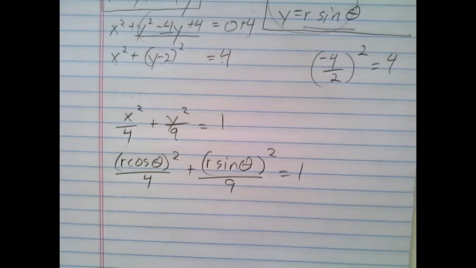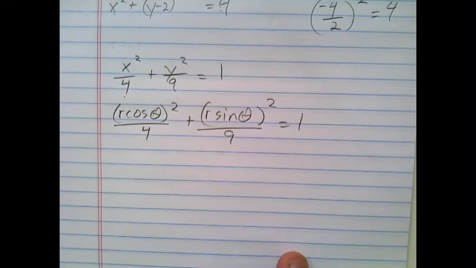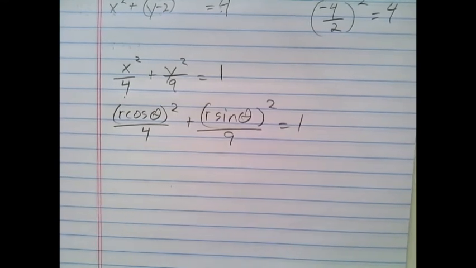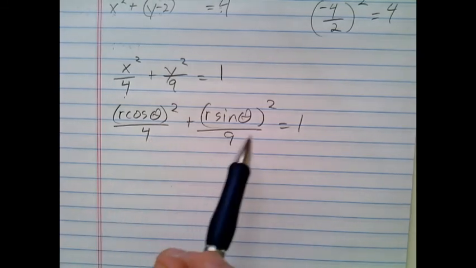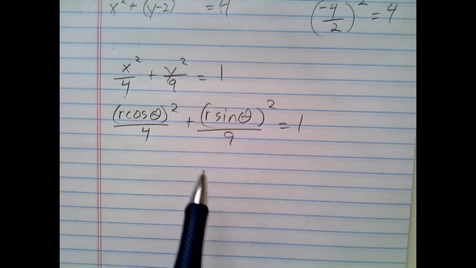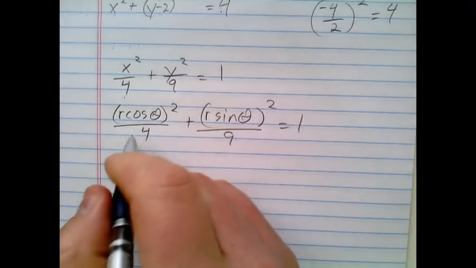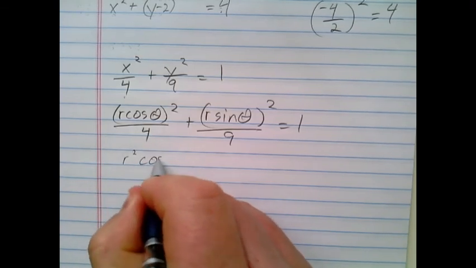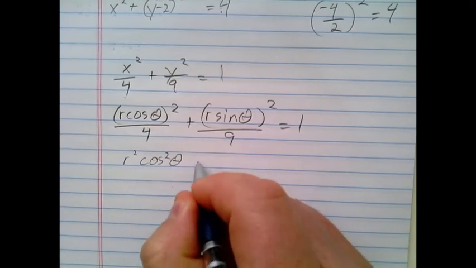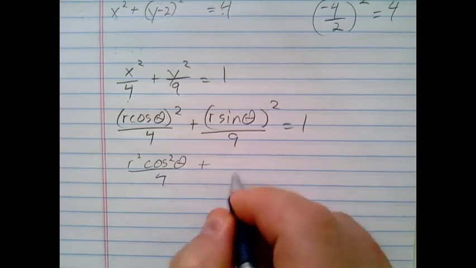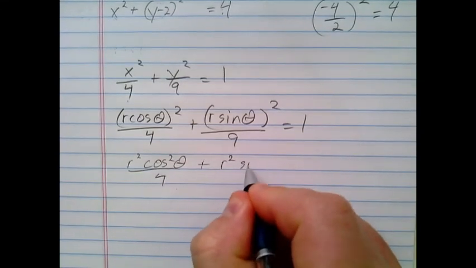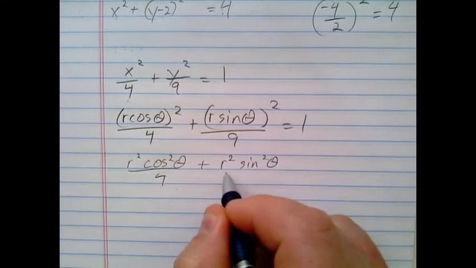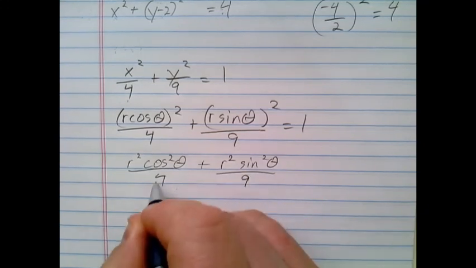And as I mentioned, that's a pretty universal convention, at least in every context I've worked with polar coordinates. That's pretty much always understood that if you got a polar equation, you're going to solve it for r if you can. Alright, so if I distribute those powers, I get r squared cosine squared theta all over 4 plus r squared sine squared theta all over 9.